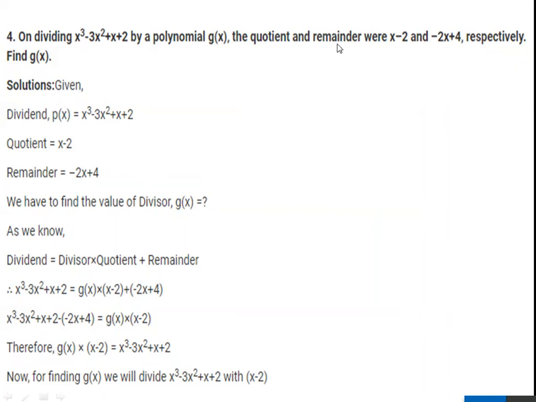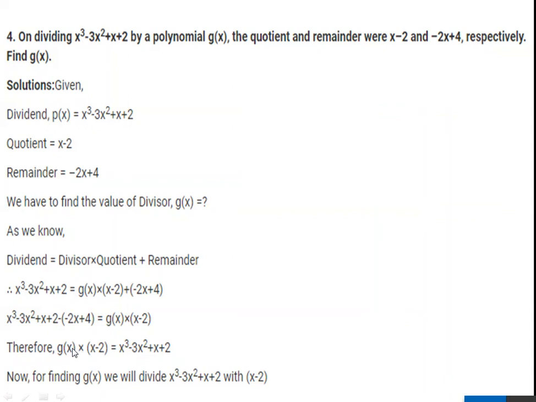So what will you do first? You should subtract remainder from dividend. This is what we are doing here. Dividend minus remainder. Okay. You will get the answer as x cube minus 3x square plus x plus 2.